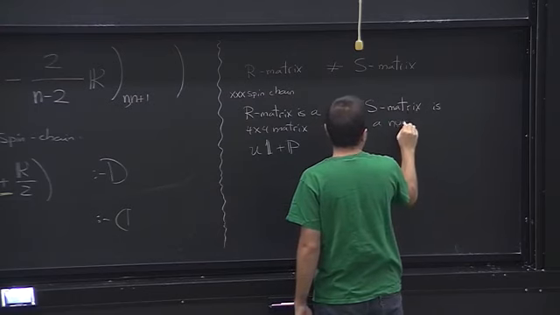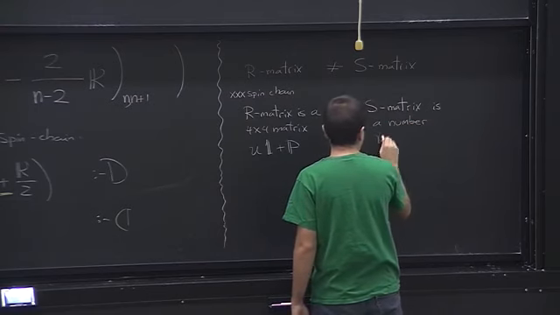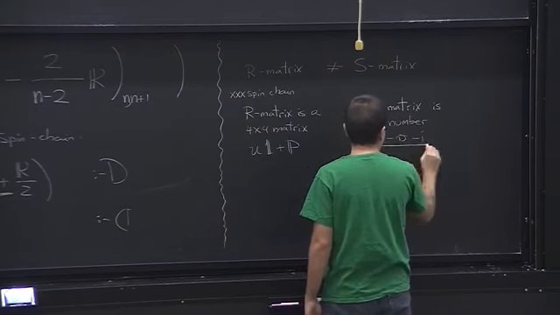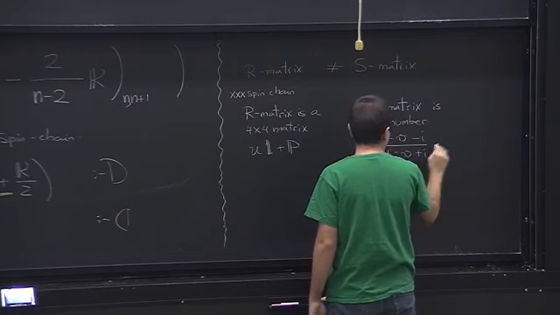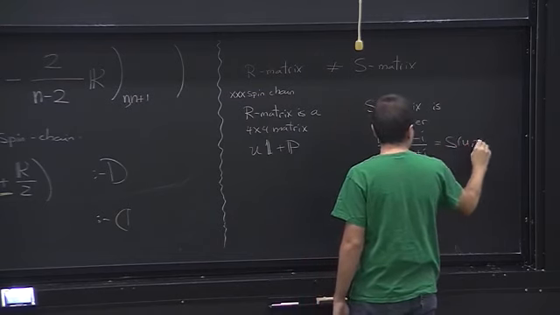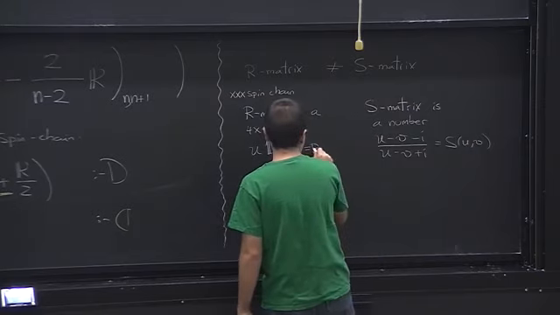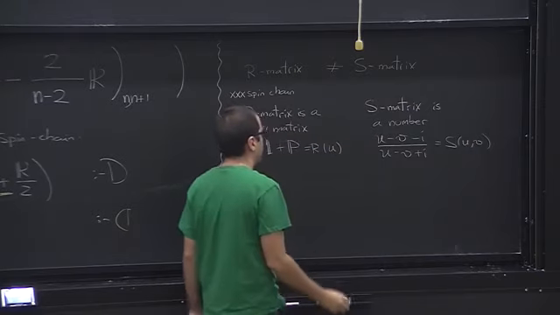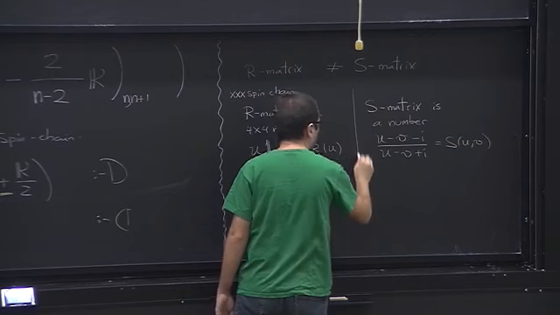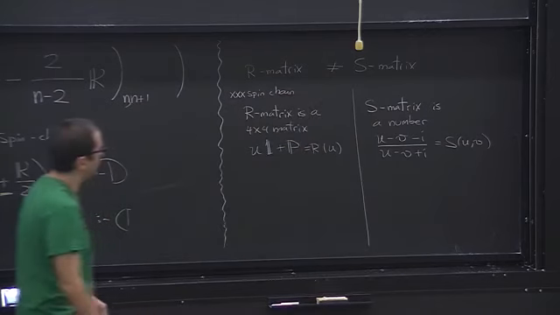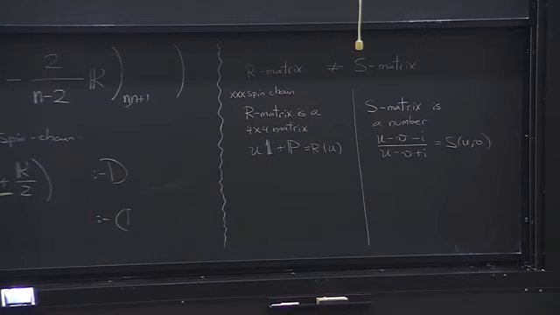It's not even a matrix in this case. And it is just, in this case, (U minus V minus i) over (U minus V plus i). So they are not the same thing.